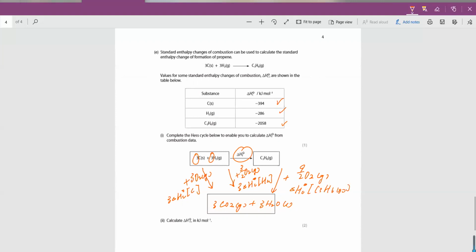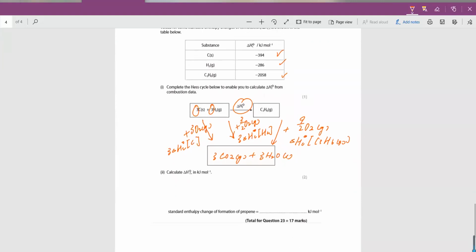So this will be the combustion of propane. When you look at this enthalpy diagram, you can form an equation to find out the formation of propane. So you add these together: the formation plus the combustion of this one will be equal to the sum of these.